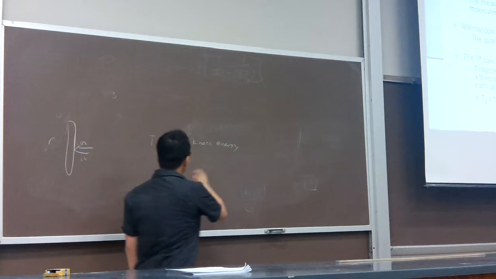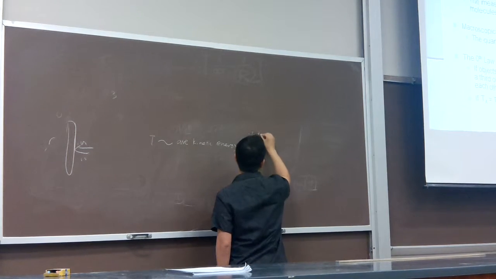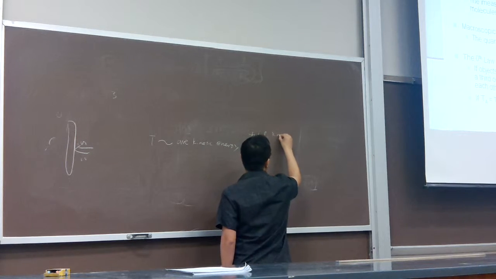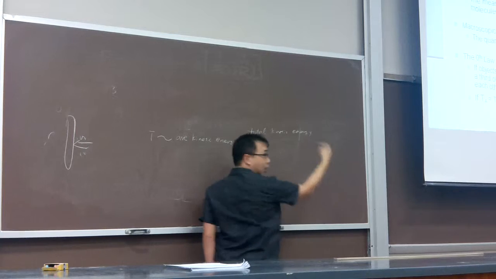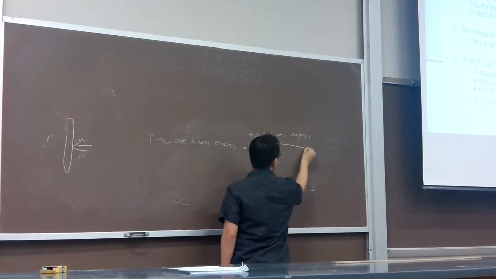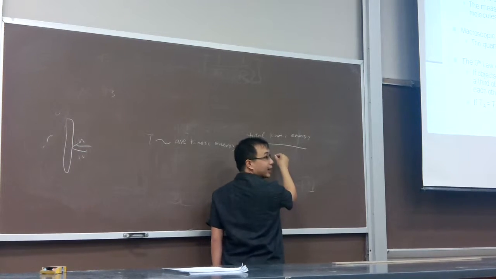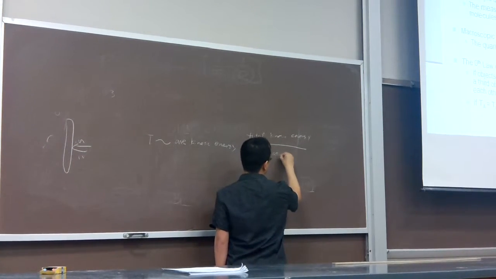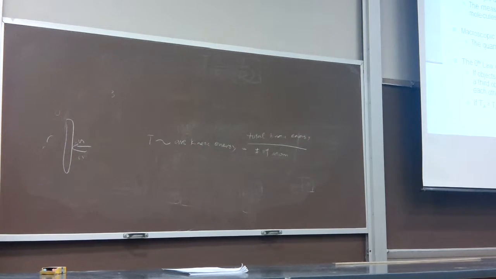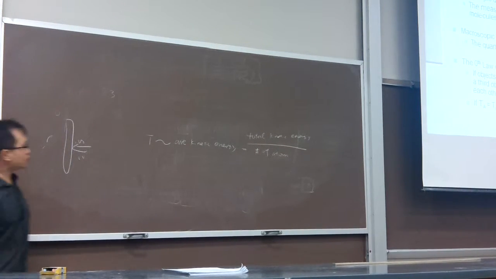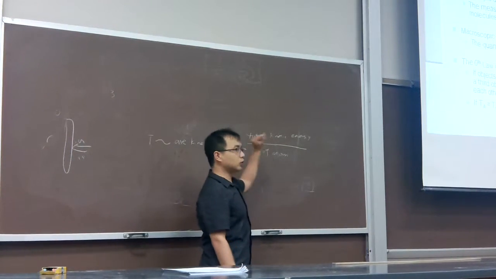Roughly speaking, the average kinetic energy should be the total kinetic energy of the object divided by the number of molecules or atoms. So please note that temperature depends on the average kinetic energy, not the total kinetic energy.